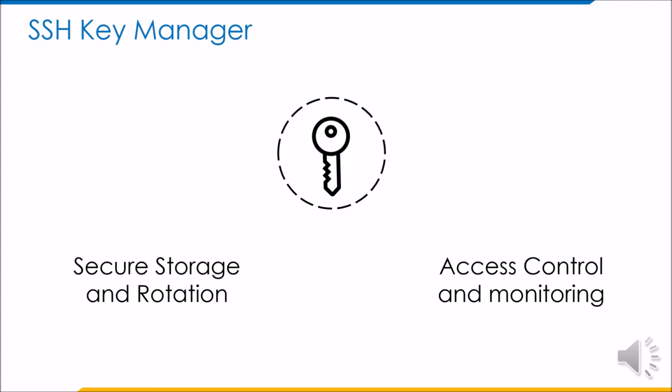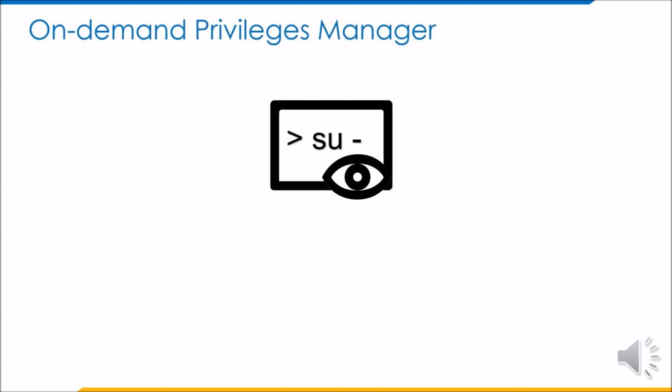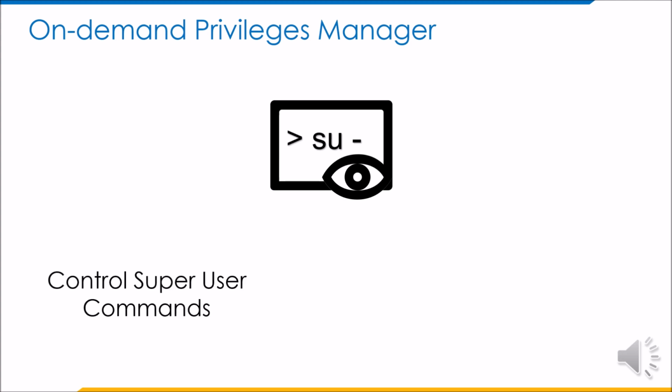The On-Demand Privileges Manager, or OPM, is a component that enables control over superuser commands issued using a root account or a privileged account. This is done by not allowing a user to log in as the root account.